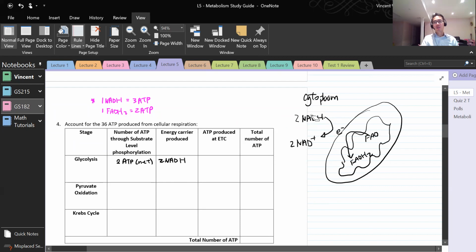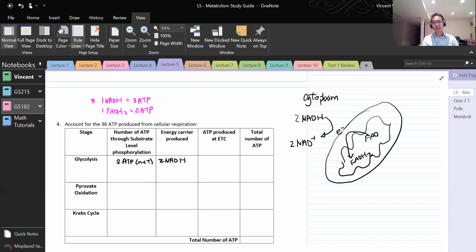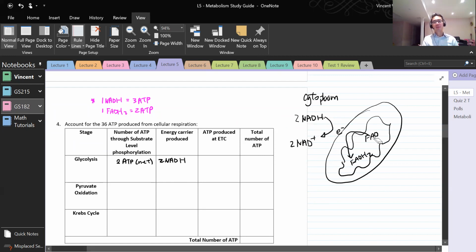The energy carrier does not go through, only the electron does. Every time you have a transaction going on in the body, it costs energy. So that's why it's not going to be another NAD plus picking it up. You're going to have to spend a bit of energy just to do that, and that's why the energy becomes lower. So these 2 NADH that you produce in the glycolysis, the electrons anyways, will be transferred to the FADH2.